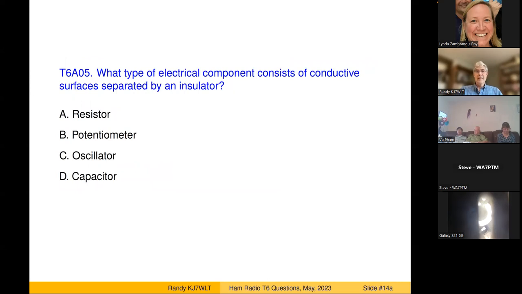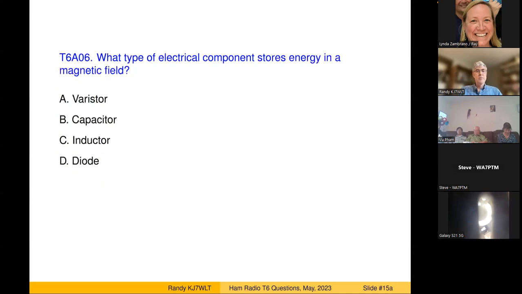And what type of an electrical component consists of conductive surfaces separated by an insulator? Well, that's the capacitor. It's two plates with the wires coming in, but current can't flow across it, so it builds up in the electric field. And then the other component, what type of electrical component stores energy in a magnetic field?